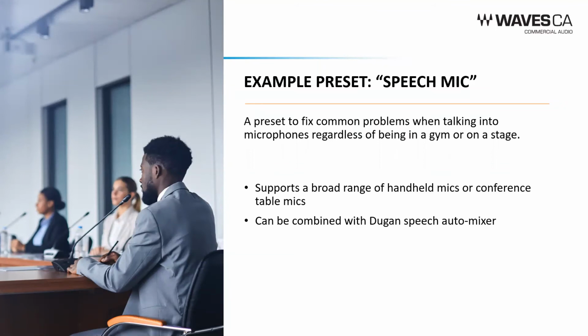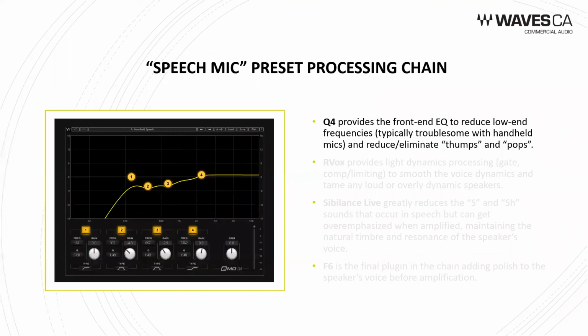So what's this preset look like? I have a few screenshots of the actual plugins used in the preset. In the preset chain for the speech mic, there are 4 plugins. The first plugin is the 4-band paragraphic equalizer called Q4. This is an equalizing plugin that has 0 latency.